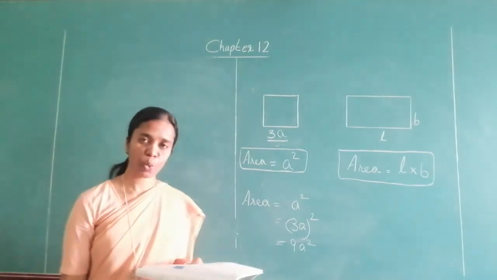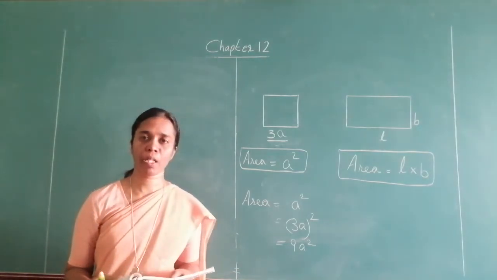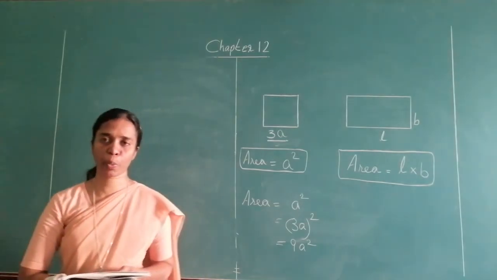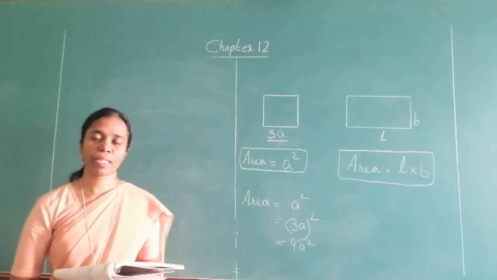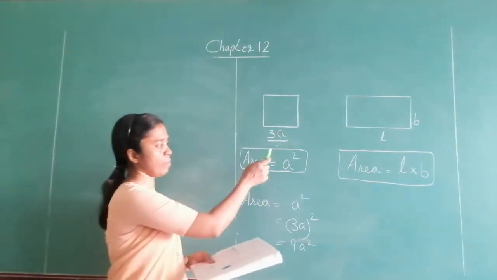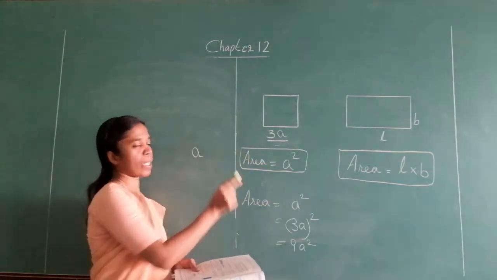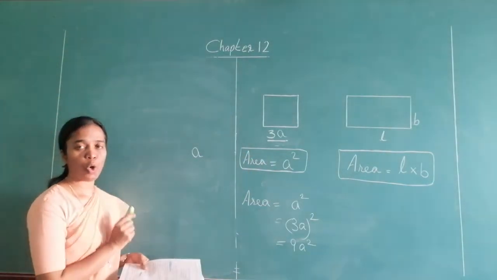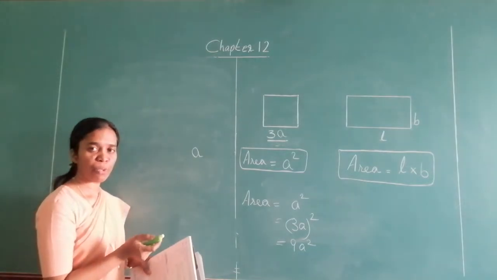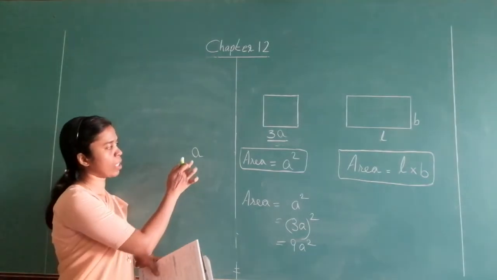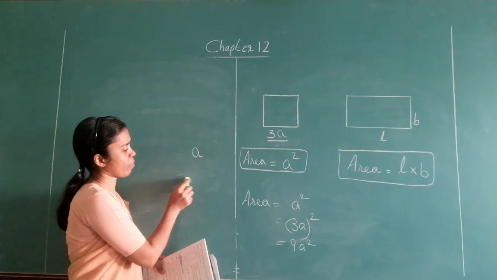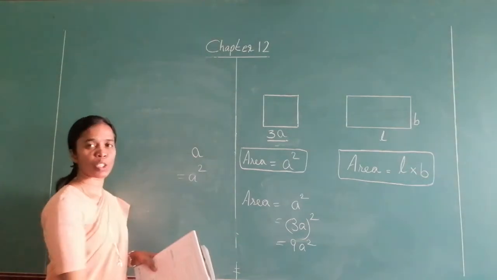Area of a square with side A equal to A square.